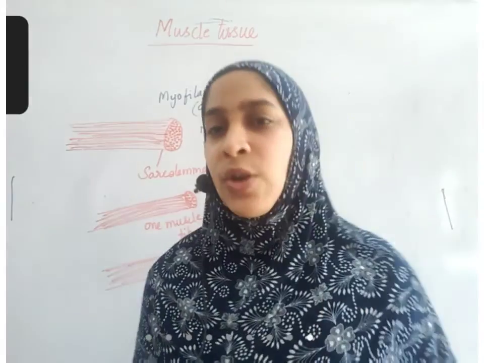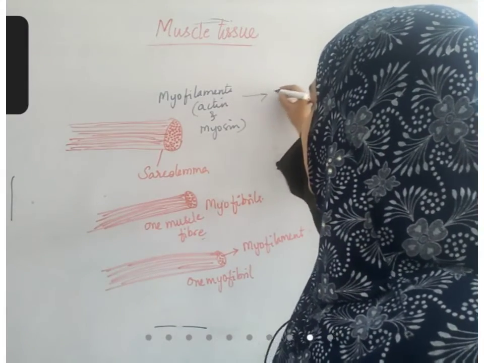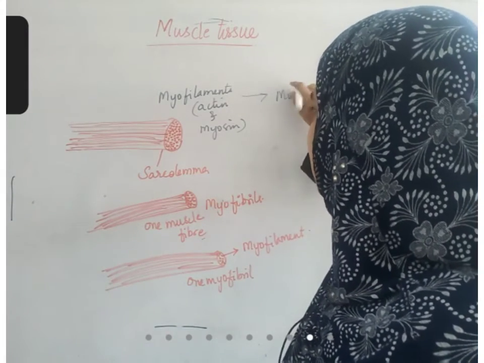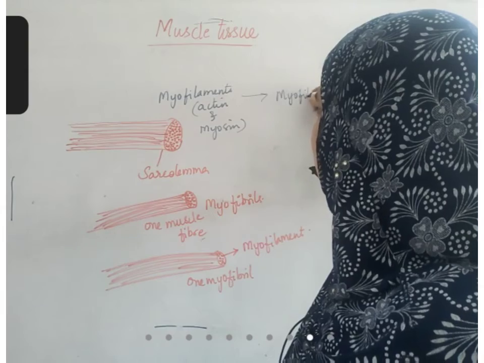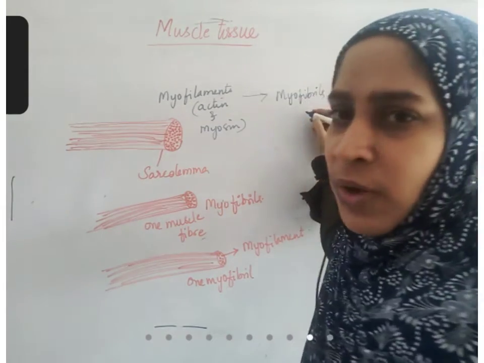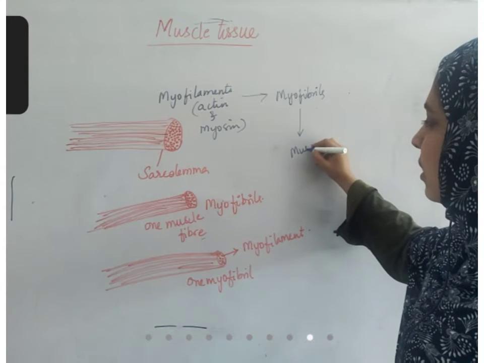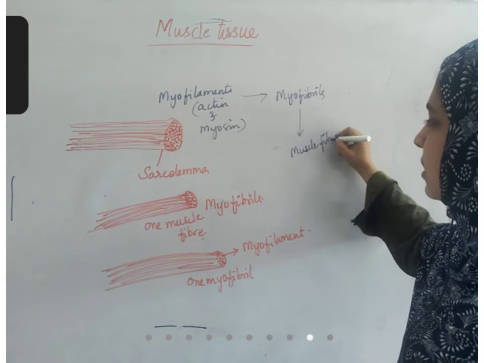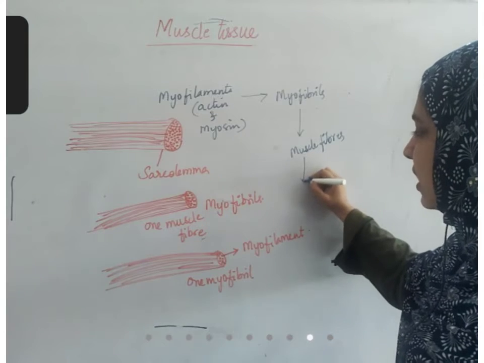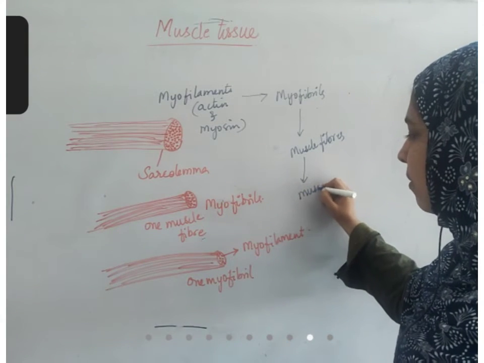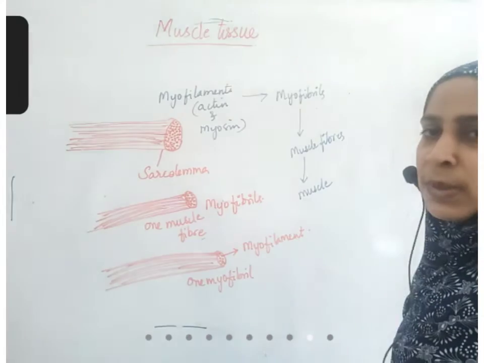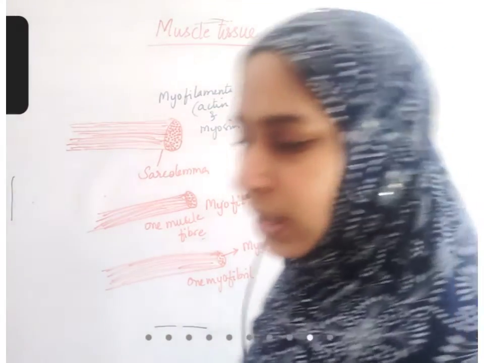A bundle of myofilaments will make myofibrils. A bundle of myofibrils will make muscle fibers. A bundle of muscle fibers will make muscle. Which muscle? Striated muscle.